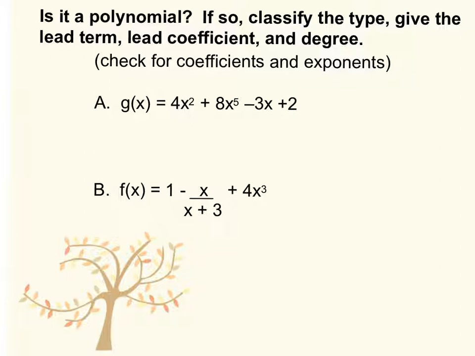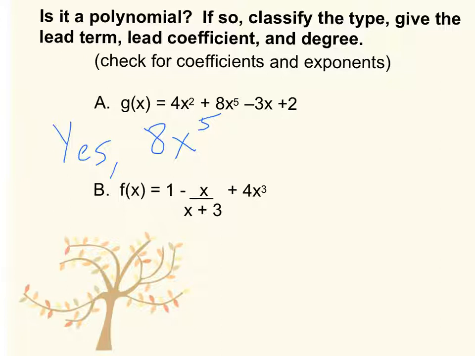For example, in part A, is this a polynomial? The answer is yes, it is. It has 4 terms. Each one of those coefficients with the variable x raised to some power, those are terms. Here the leading term on part A is 8x to the 5th, even though it doesn't come first, which it probably should.